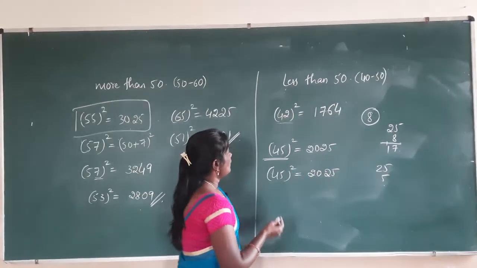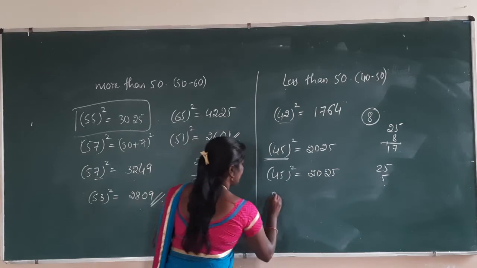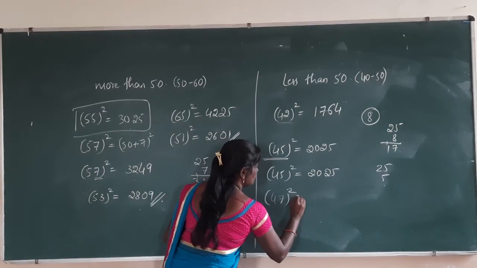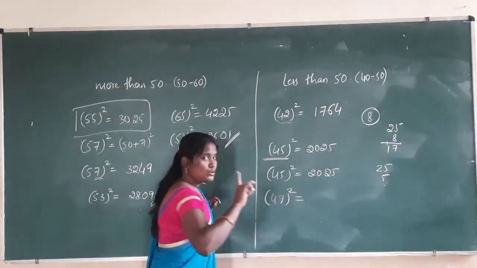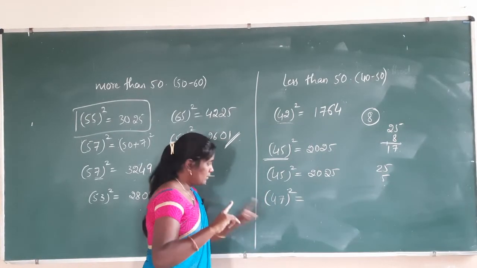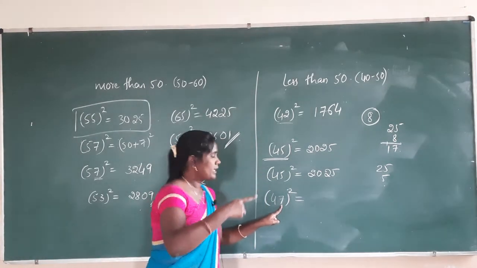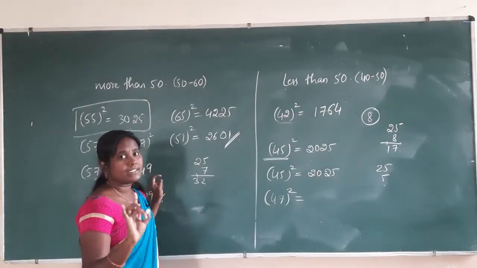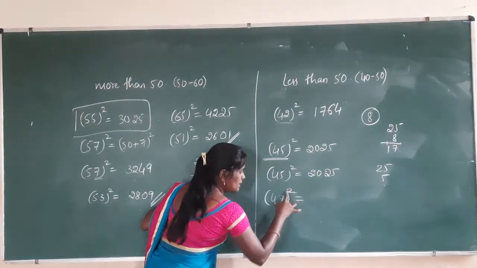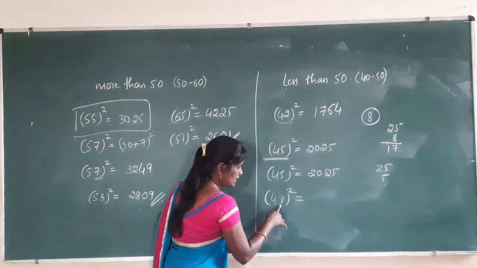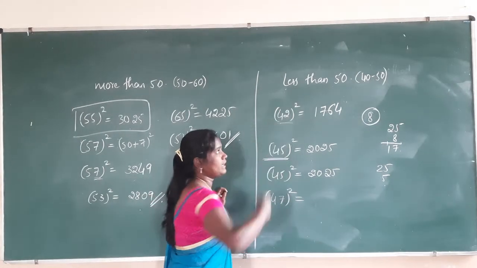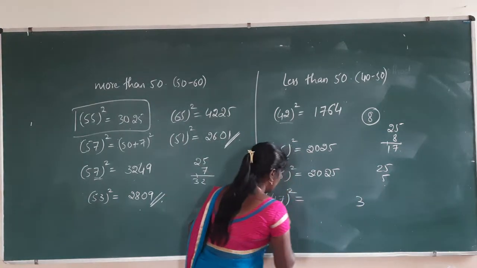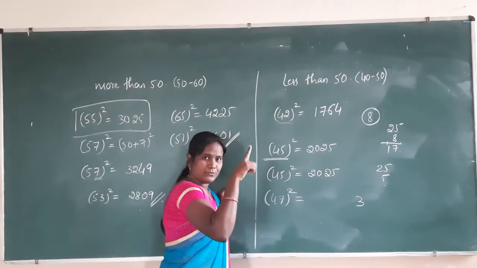Let us take one more number, 47 square. See, don't take 7 square as we did here. That is wrong. When you are considering 47 square, this is 3 less than 50. 47 is 3 less than 50.